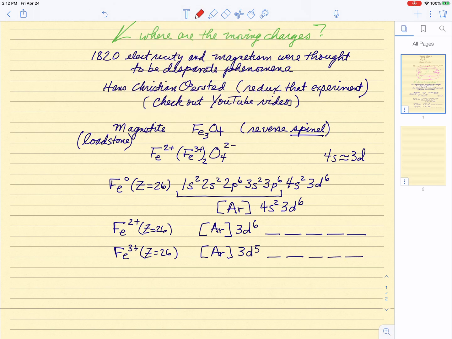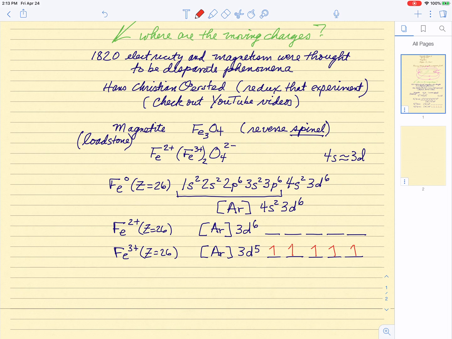And so now, according to Hund's rule, in the ferric case, we know that these electrons are all going to go into a single orbital before pairing up. And the reason for that is ostensibly simple.